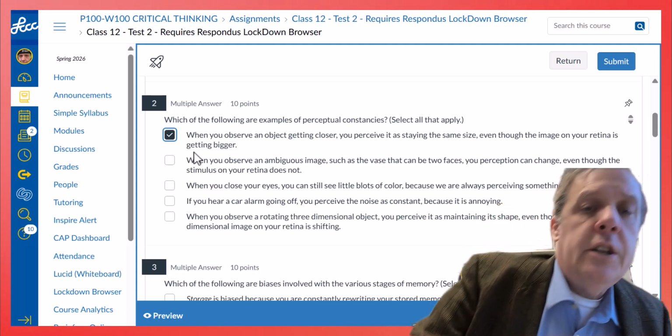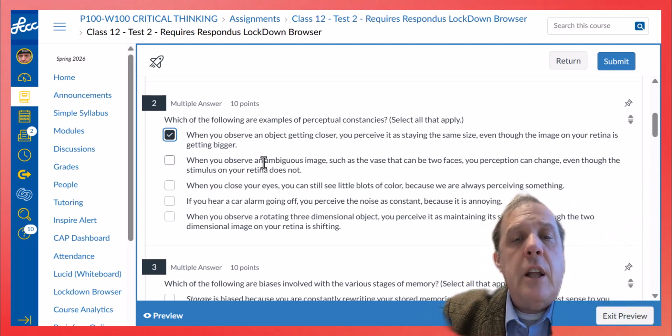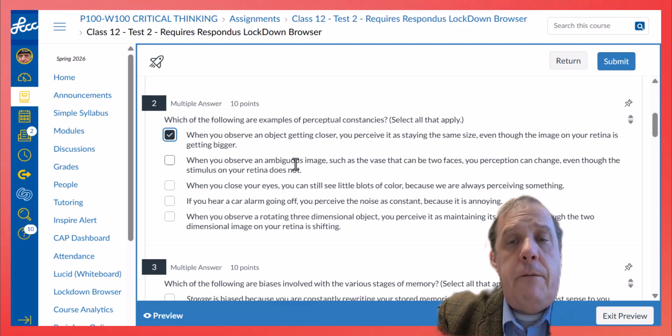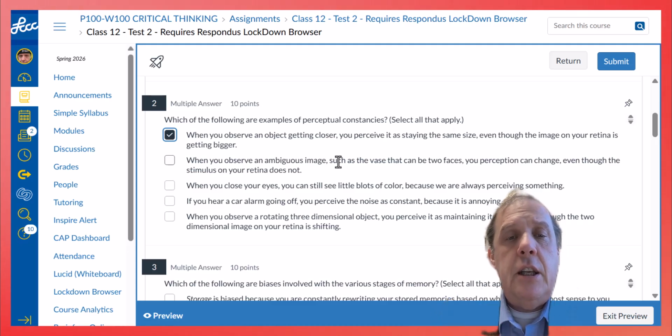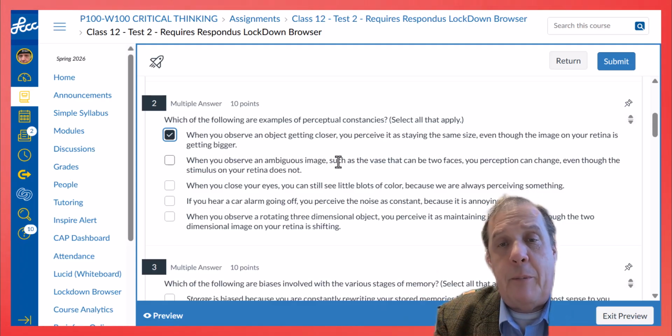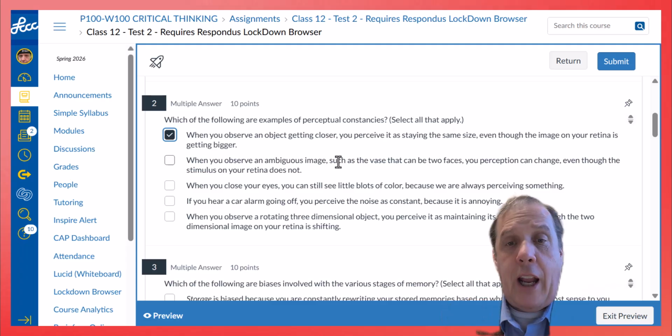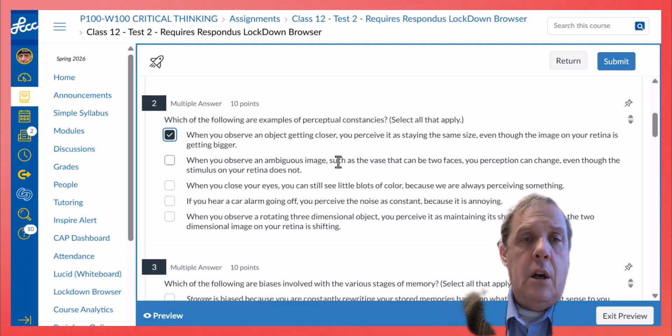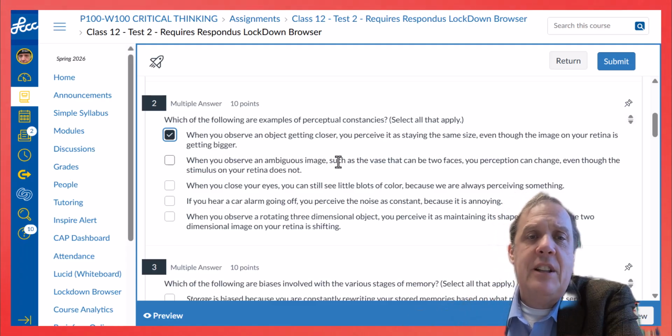Okay, so when you observe an ambiguous image, such as the vase that could also be two faces, your perception can change, even though the stimulus on your retina does not. This is the reverse of a perceptual constancy, so this is a wrong answer.